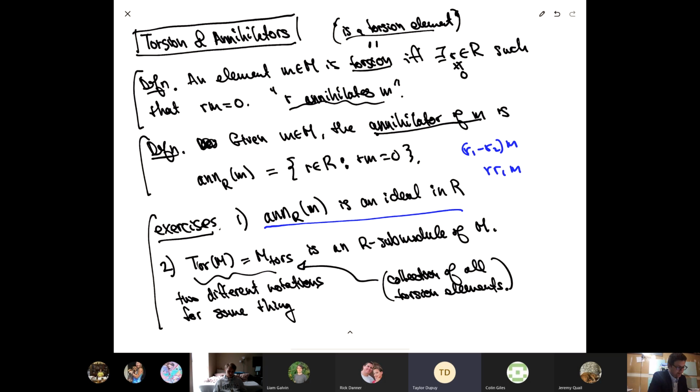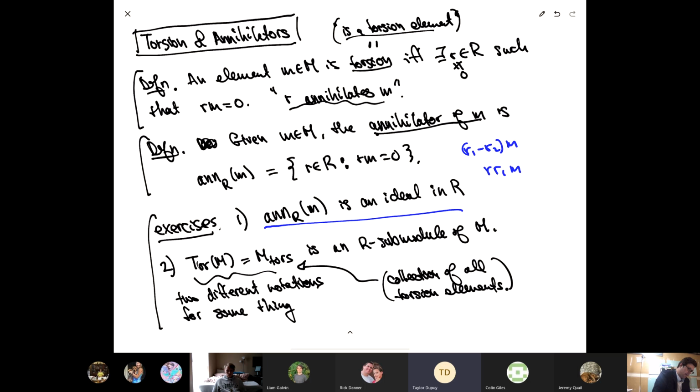And if r1 kills it, then r times r1 is also going to kill m, because of associativity of scalar multiplication. So that's why this one's really quick.